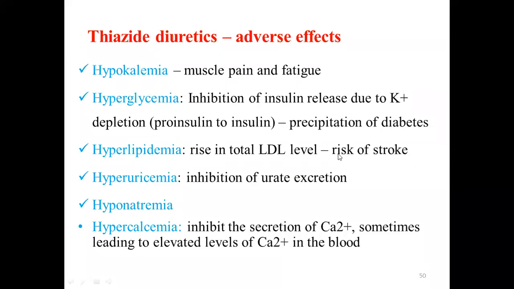In gouty arthritis, uric acid accumulates especially around the joint, forming monosodium urate crystals, which cause an inflammatory reaction, a gouty attack, and even joint damage. As a result, it can exacerbate the situation. So if someone has this problem and is using thiazide diuretics, we need to be vigilant at the pharmacy to intervene in this kind of prescription.